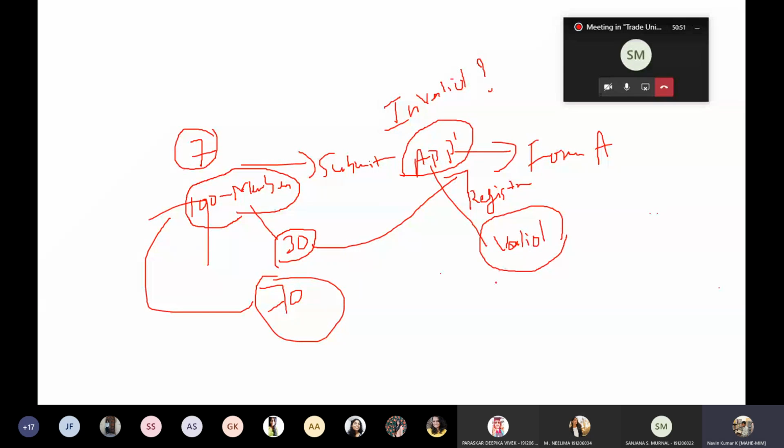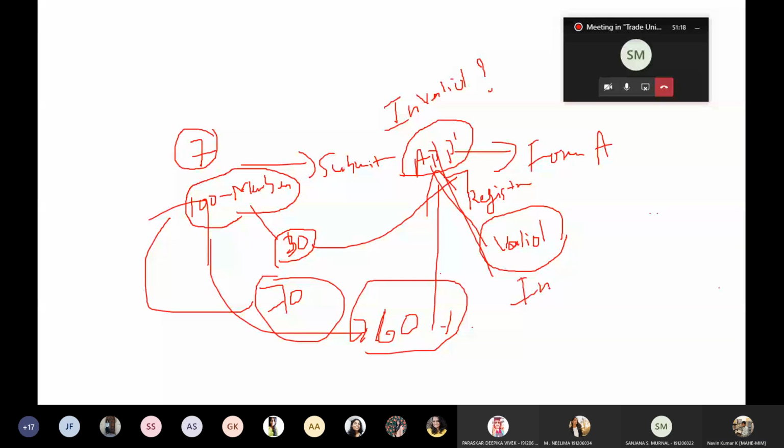However, it further says, suppose out of 100 members, 50% or more, say 60 people, apply before the registrar that they don't want to be members and want to withdraw. Now this application becomes invalid.